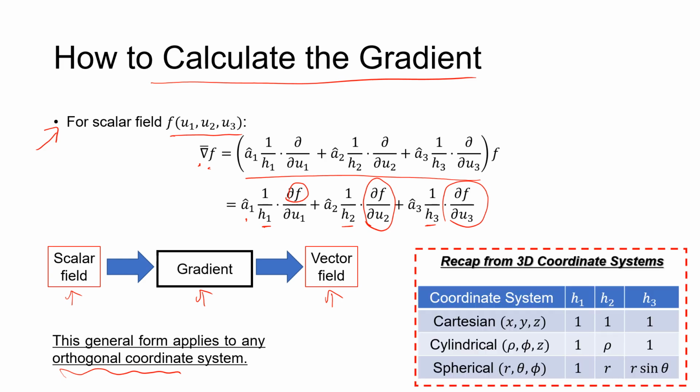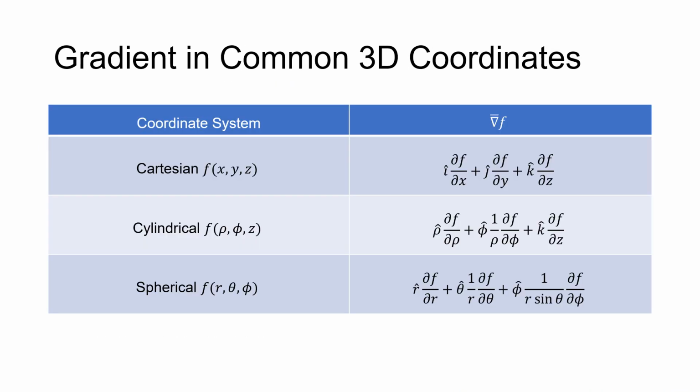If you recall from our previous videos, we have learned the 3D coordinate systems: Cartesian, cylindrical, and spherical, and by applying the scaling factors which we have here, we can get the dedicated gradient equation for each system. Scaling factors are just ones in the case of Cartesian, so you just find the unit vector multiplied by the derivative in the specified direction.